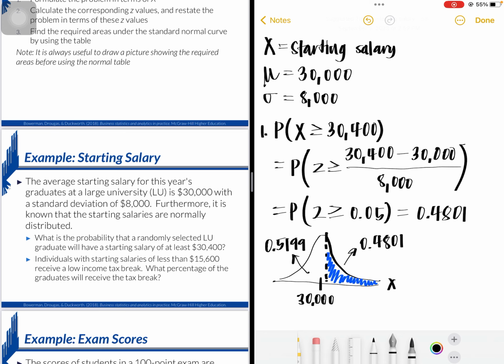Now, another approach is to use your calculators. In the calculator, we actually have a function that can compute the area to the right of any given z-score.